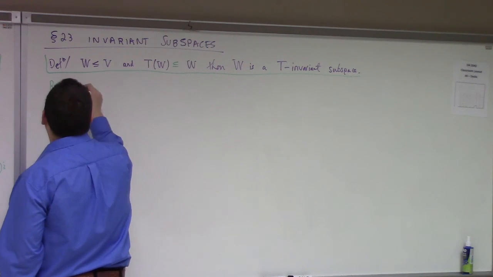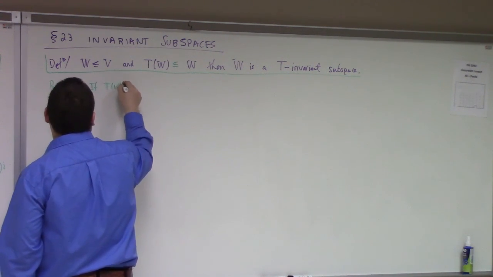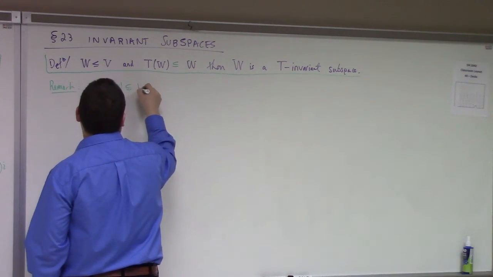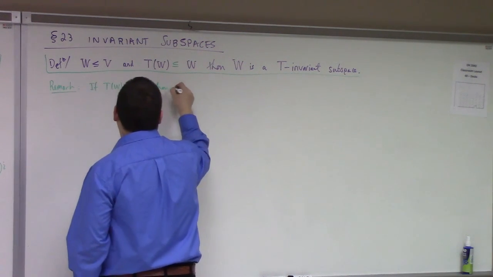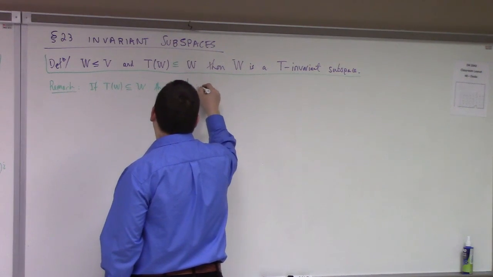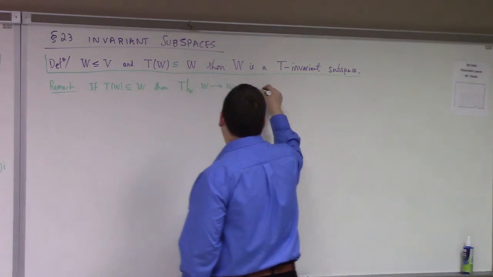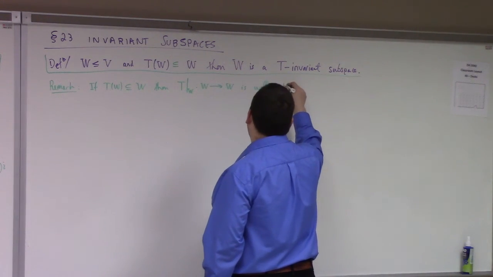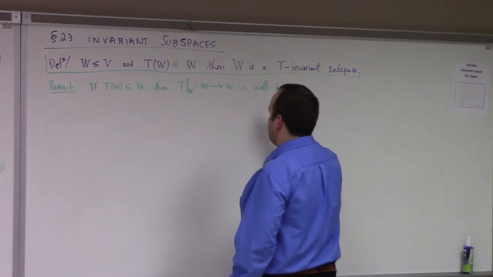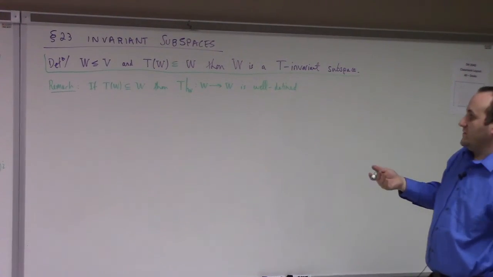How's that go? Well, if T of W is a subset of W, then that means that T restricted to W as a mapping from W to W makes sense, right? And then the range theorem takes over.